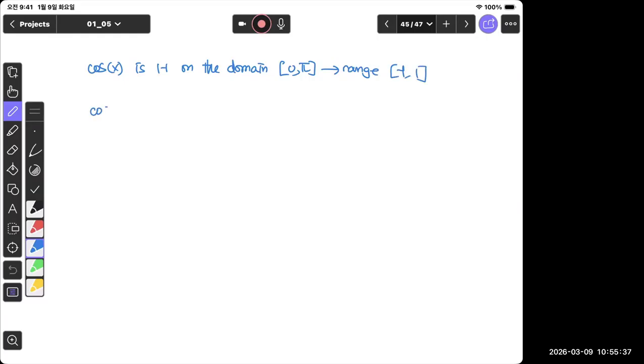Then the arc cosine, the inverse of cosine, will be one-to-one on the domain from -1 to 1, and the range will be from 0 to pi.